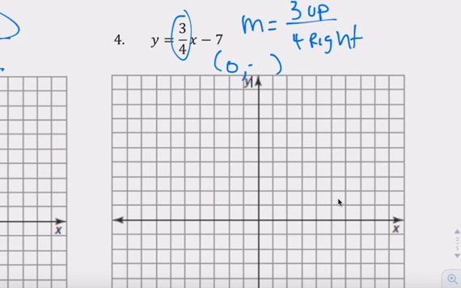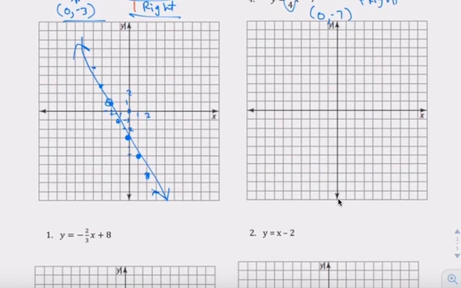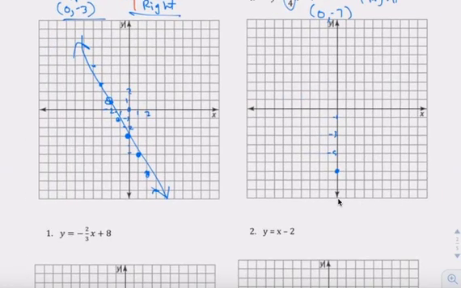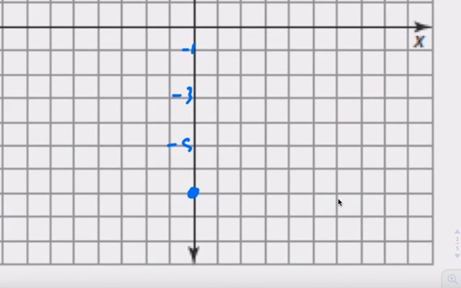So 0, -7 is your y-intercept. And you go up 3, right 4.